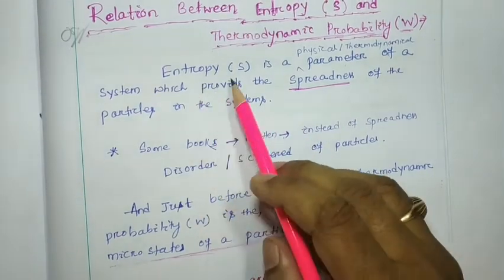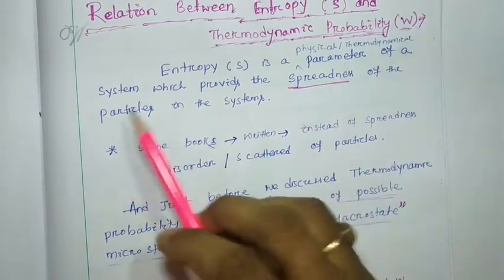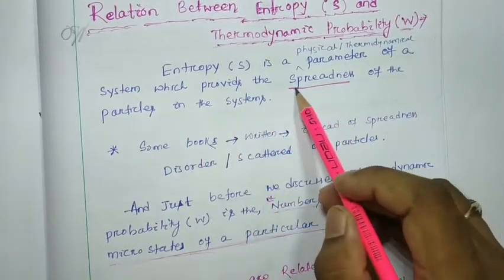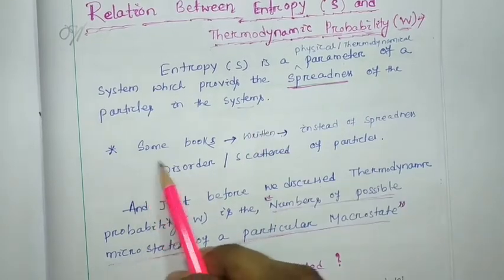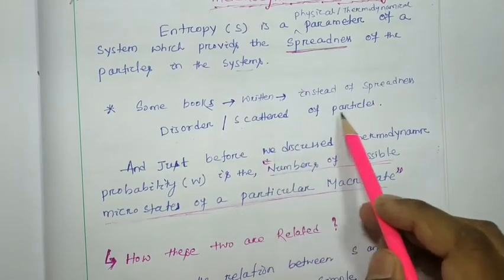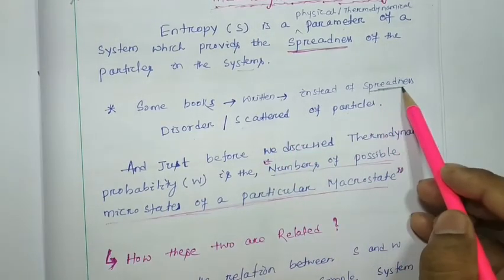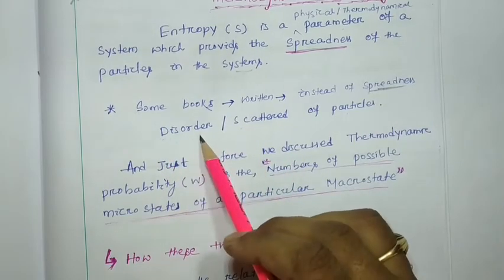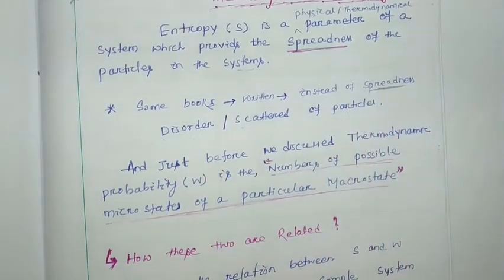Entropy is a physical or thermodynamical parameter of a system which gives the spreadness of the particles in the system. Some books write it in the language of disorder, scatteredness of the particles, spreadness, disorderness.